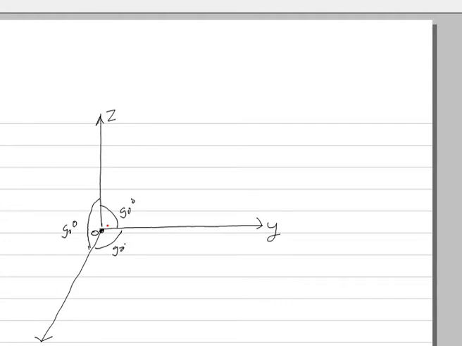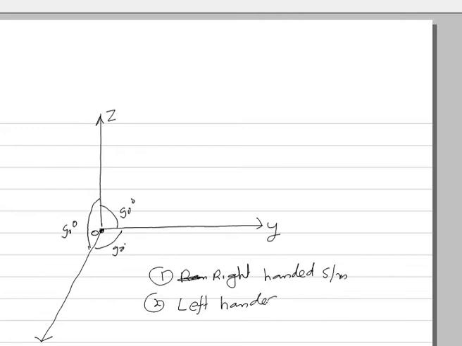There are two types of systems. First one is the right-handed system, second is the left-handed system. The right-handed system means if the x-axis is rotated towards y, like that, this is a right-handed system.